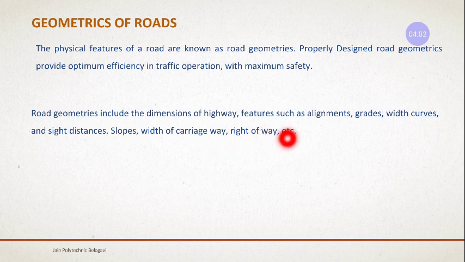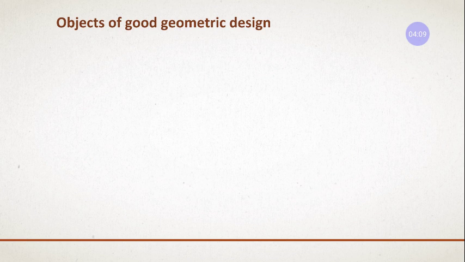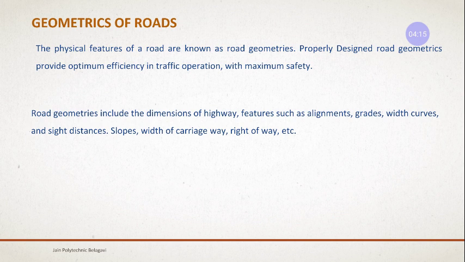You might be getting confused. What is grade? What is the width of the curve? What is the width, side distances? We will be covering that in the coming classes.